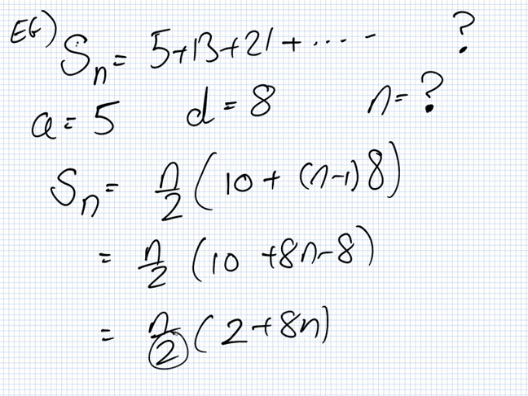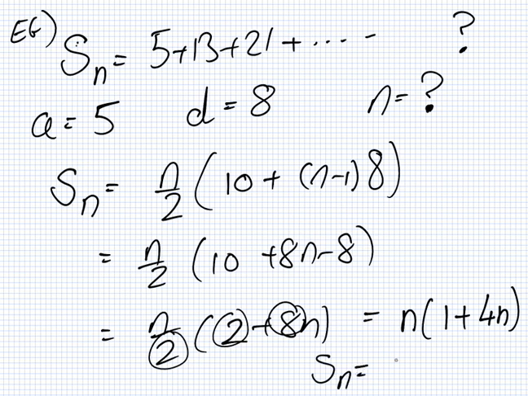But you can see the 2 can go into these, so you'll end up with n times 1 plus 4n. So then you end up with 4n squared plus n. Got that? Is that how you give the answer? Yeah, you don't know n.